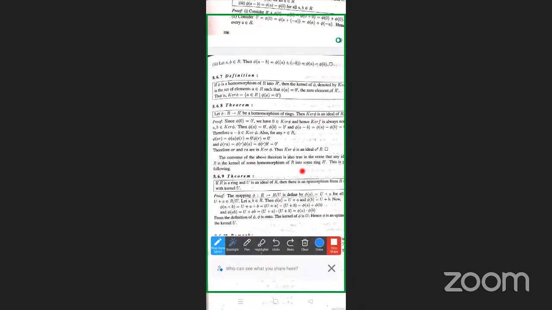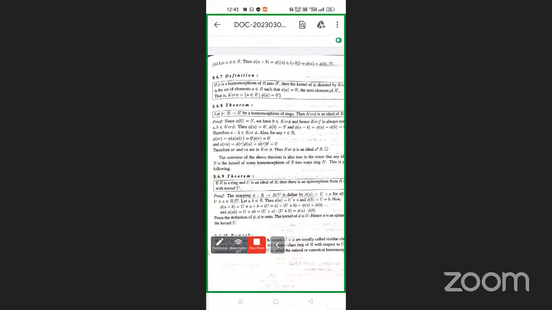Therefore A into R and R into A are in kernel pi. So this is the second condition of ideal. Thus kernel pi is an ideal of R. So this is the theorem.